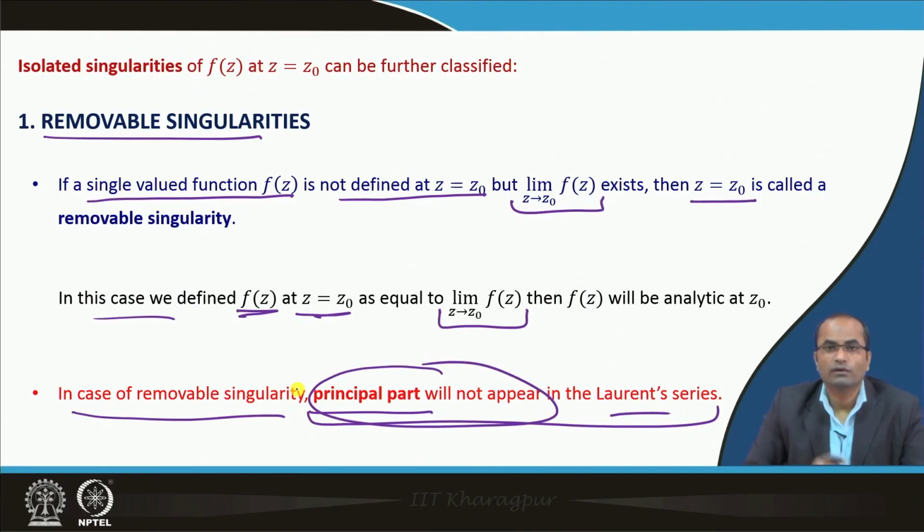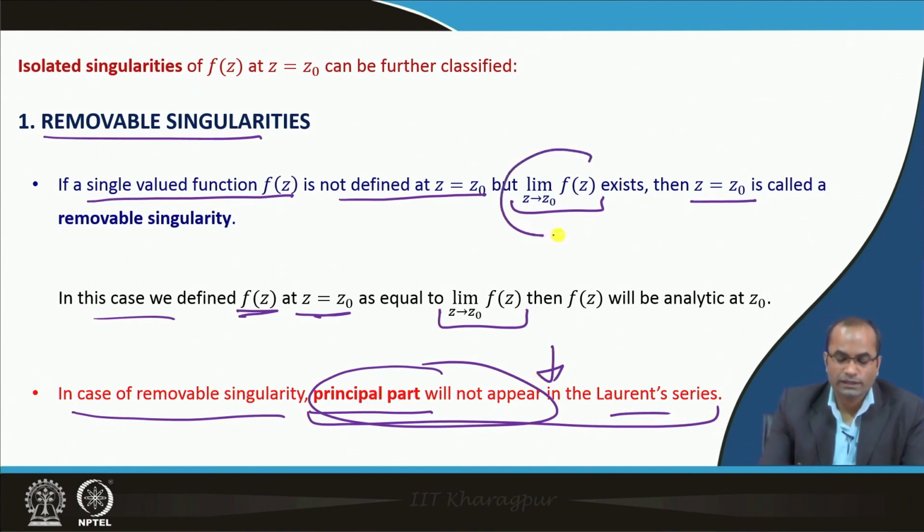That means the negative powers of z minus z naught will not appear in the Laurent series. If those terms do not exist, then we call it a removable singularity.